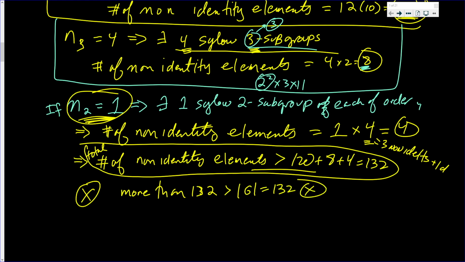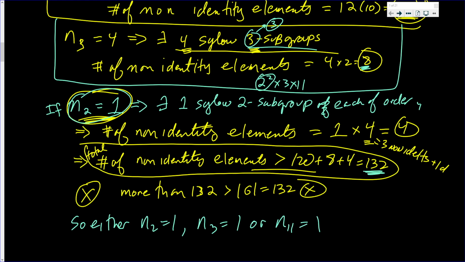That can't be. So either, since we got exactly 132 when I let n_2 equal 1, either n_2 is 1, or n_3 is 1, or n_11 is 1. One of them is 1, and that's a contradiction.